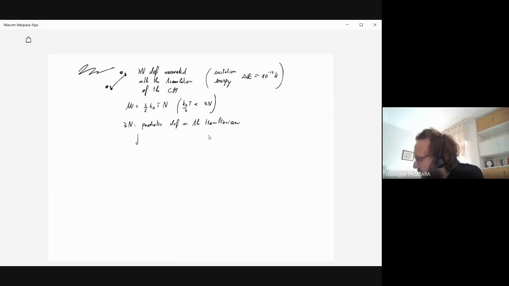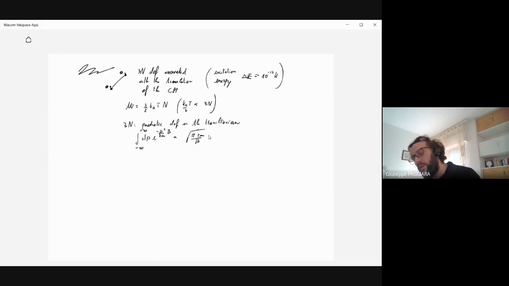What does quadratic mean? It means that in the integral we have something like this, dp, e to the minus p squared divided by 2m times beta, from minus infinity to plus infinity. When I integrate this kind of integral, I get a square root of pi times 2m divided by beta, okay?